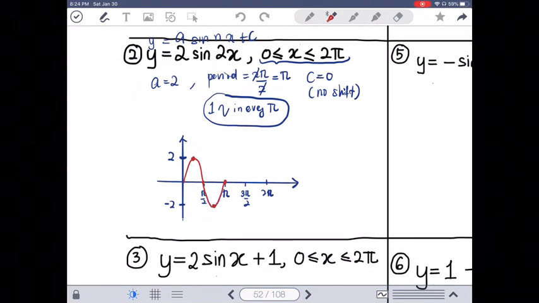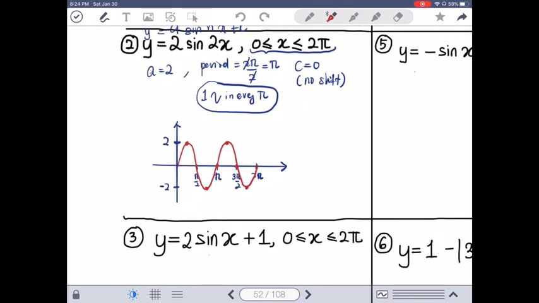And for the next pi, one more S. So the graph will look something like this, y and x. So this graph is y equals 2 sine 2x.